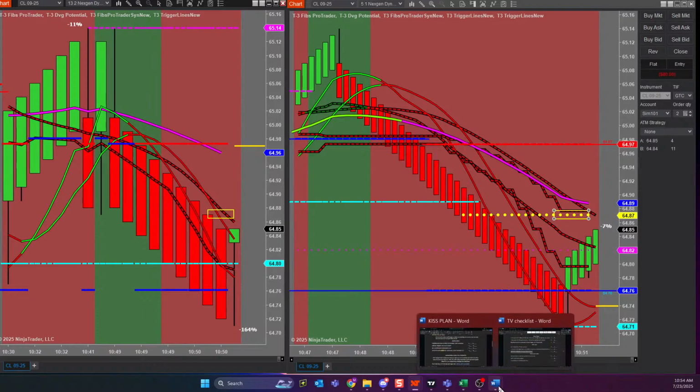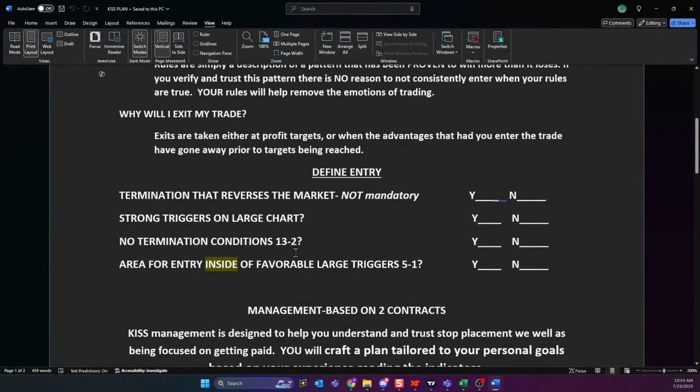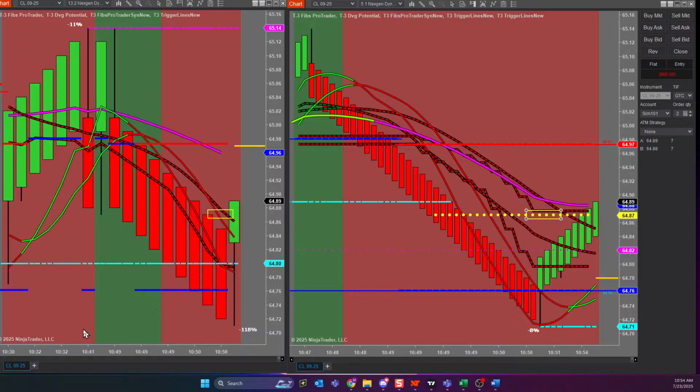But if I go back to my checklist, guys, I am obligated to not take this trade based on my plan, which means those of you that want to see the, hey, Mark, get in, let's see what happens, I can't. I can't break my plan. Because even on simulator, my brain believes in muscle memory.